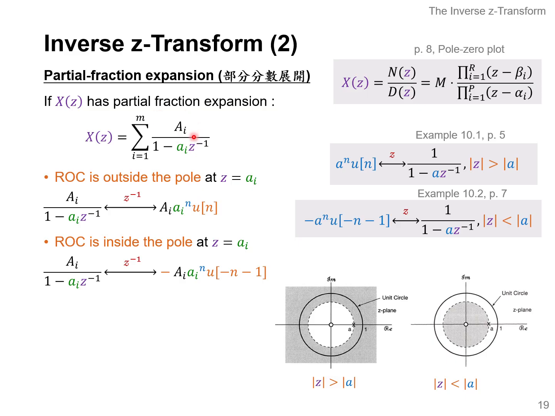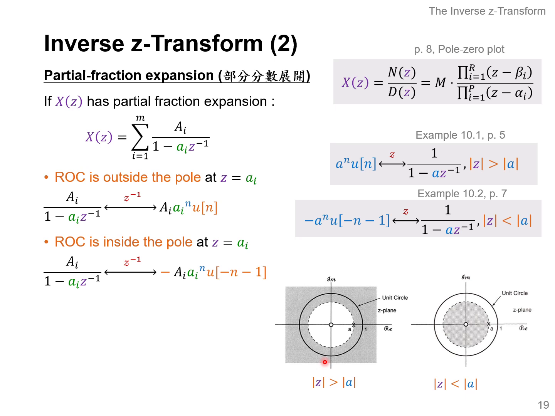Now, the ROC tells us what kind of time signal we get from each term. Case 1. ROC is outside the pole, like this, outside the circle that passes through the pole.